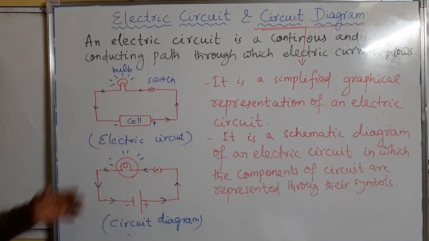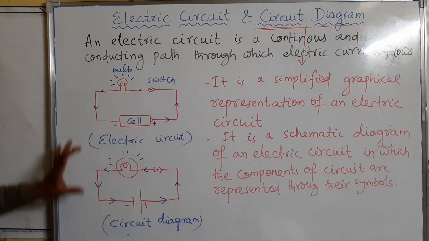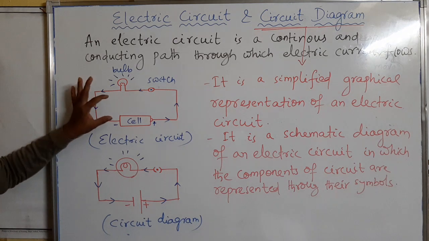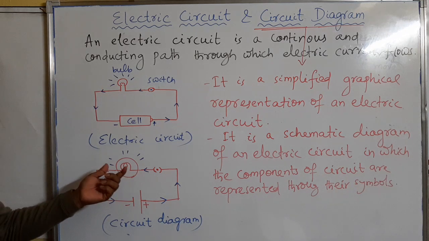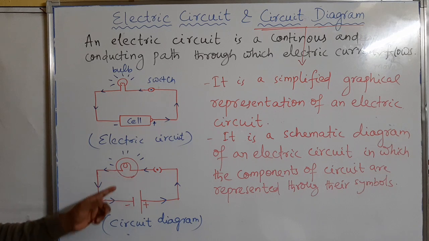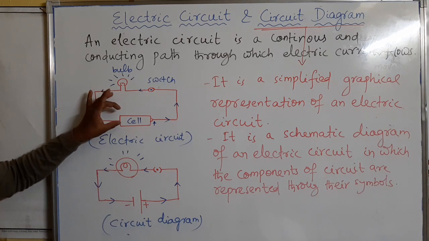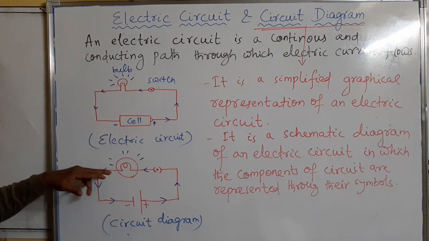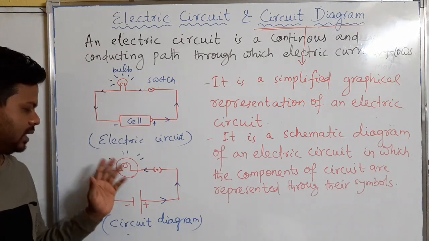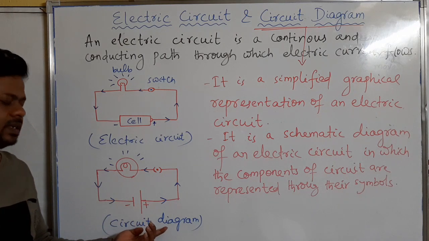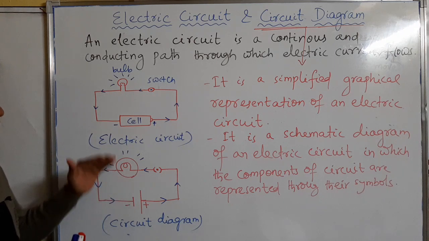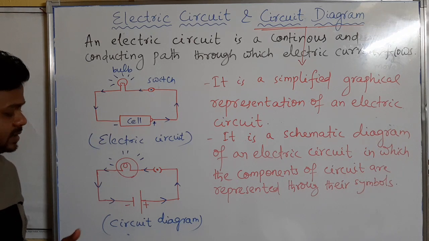So this is the difference between the electric circuit and circuit diagram. The difference is that you have to make a schematic diagram in which the components are in the form of symbols, not the full diagram you will make. So when the components of the circuit are represented through symbols and their connections, then the diagram can be called a circuit diagram.